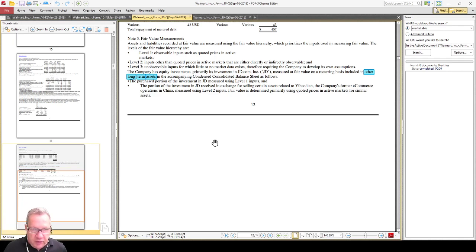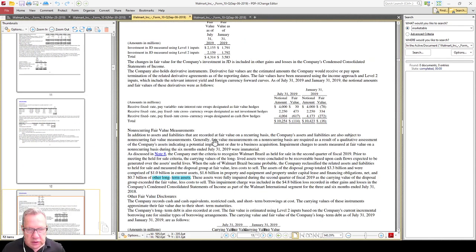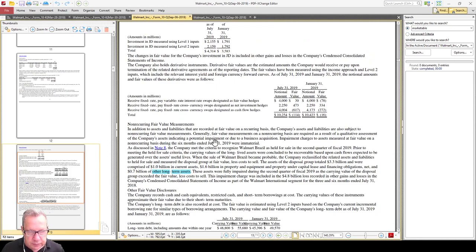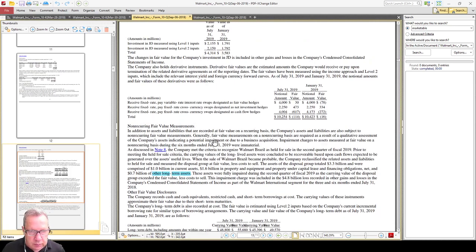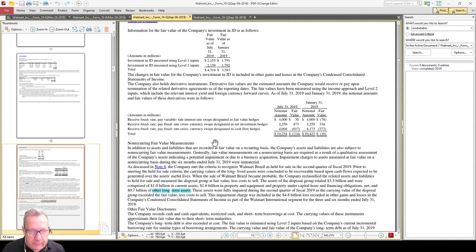Okay, so let's try and find this other long-term asset of theirs. The fair value of JD is as follows. Looks like that number there. What's this? They also hold some derivative instruments.